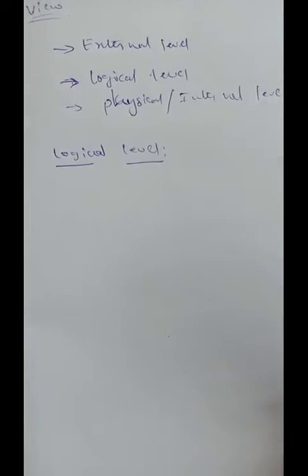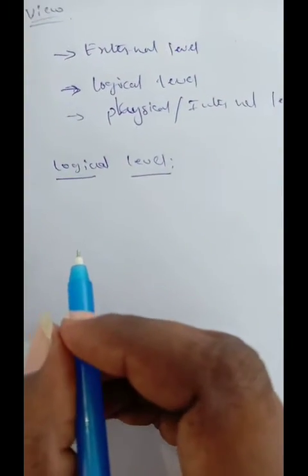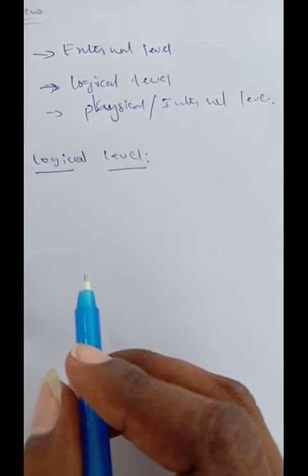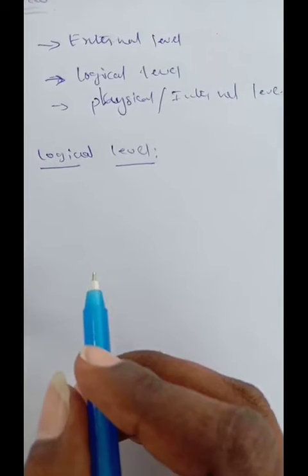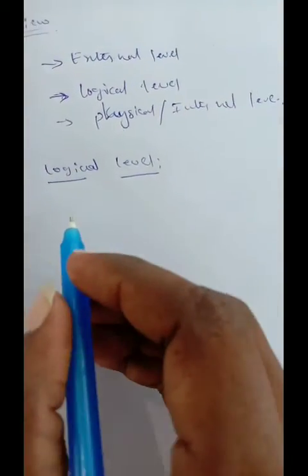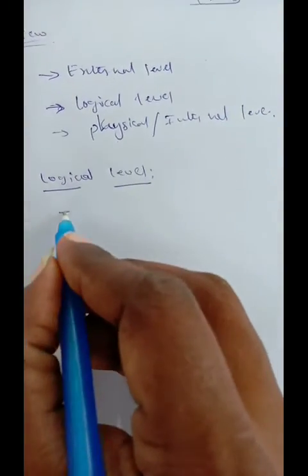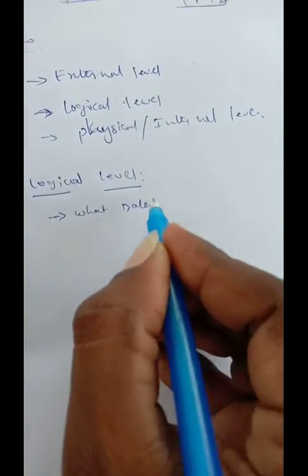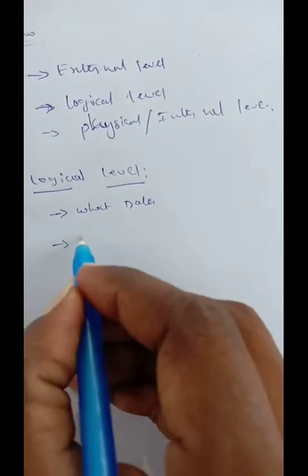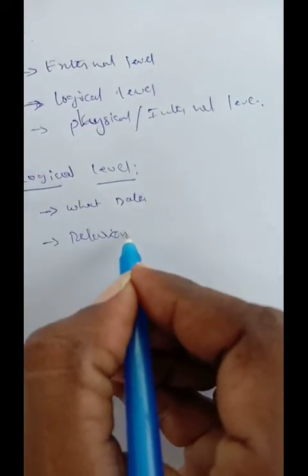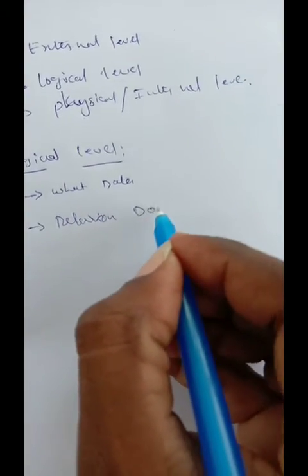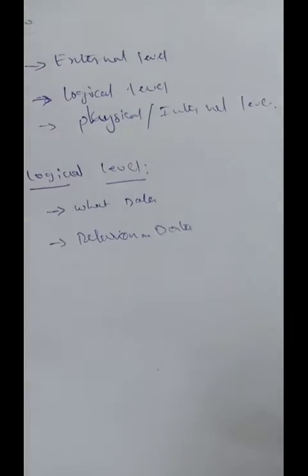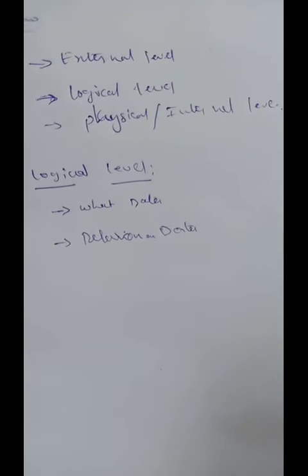So the logical level handles the interaction between the user and the physical or internal level, that is the hardware. The logical level completely focuses on two things: what data is stored, and the relations that exist on the data.